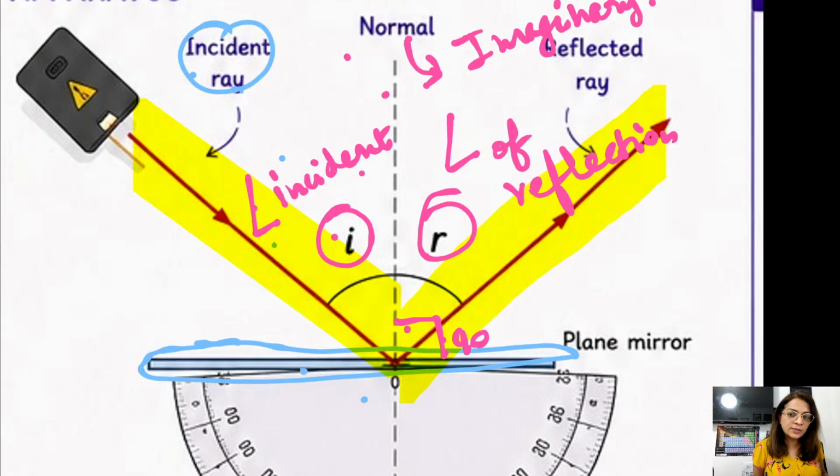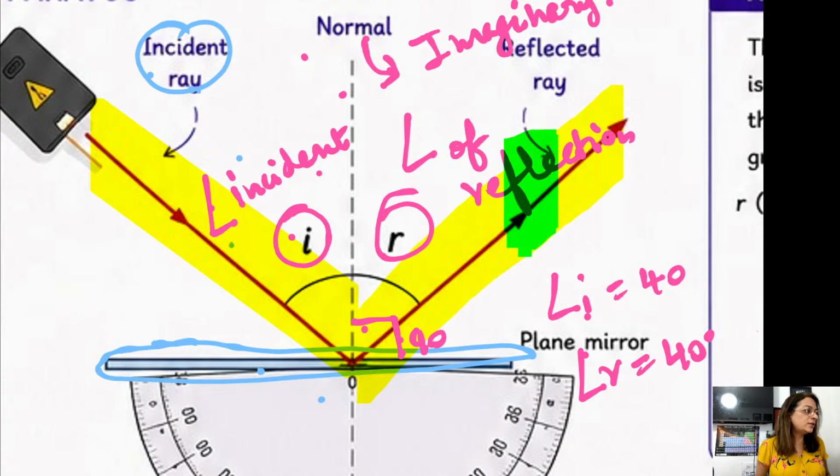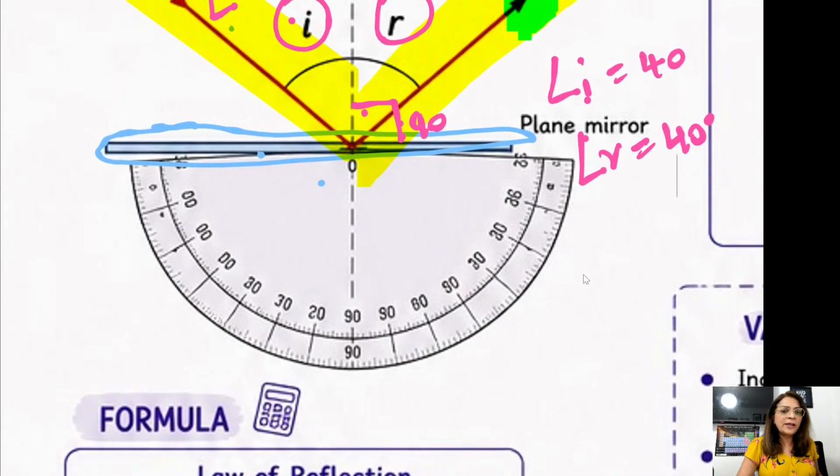Can you see the spelling? Reflection. Okay. So the rule is that if the angle of incidence equals 40 degrees, you will find that the angle of reflection is also 40 degrees. They never change. That's it. Angle of incidence is equal to angle of reflection. Refraction can come up.